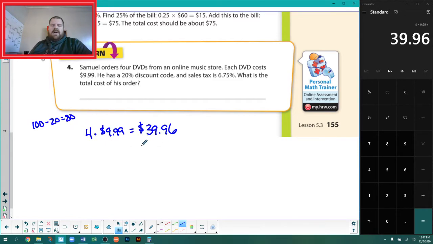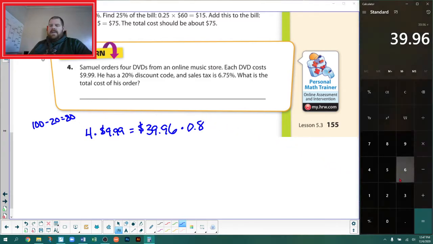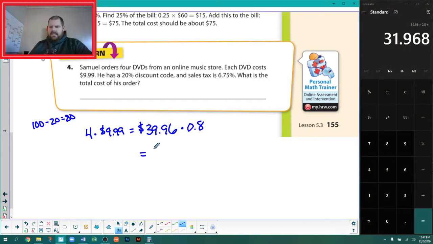So we can figure out this in the one-step method by multiplying this by 0.8, which is 80%. And so overall, we'll go ahead and round that at this point. After the discount, he's paying $31.97.